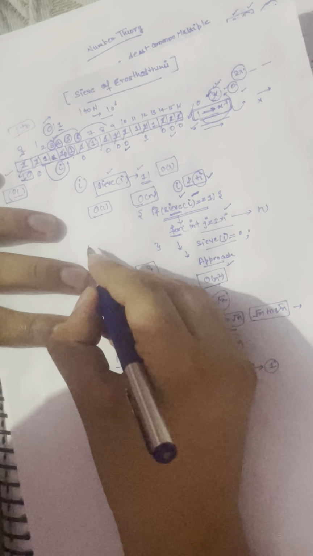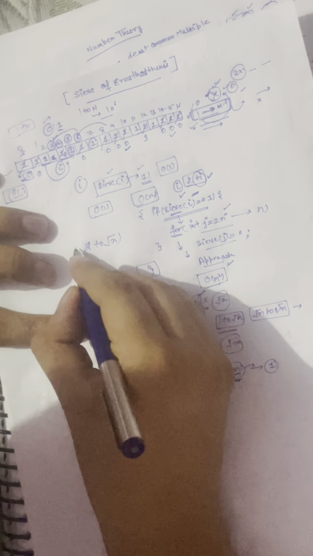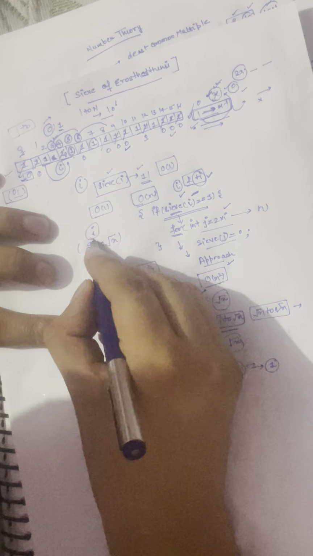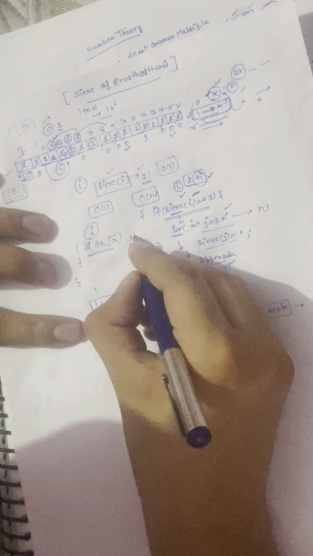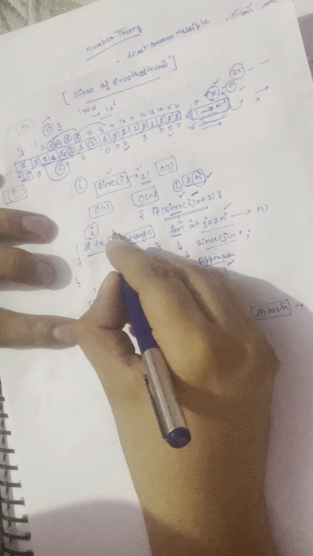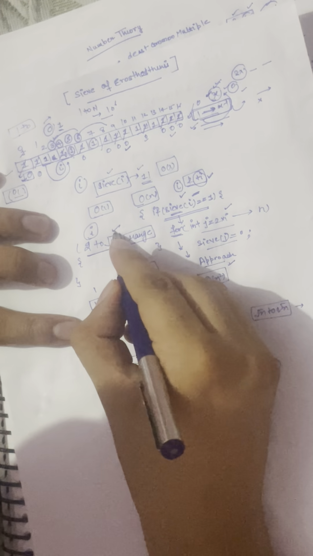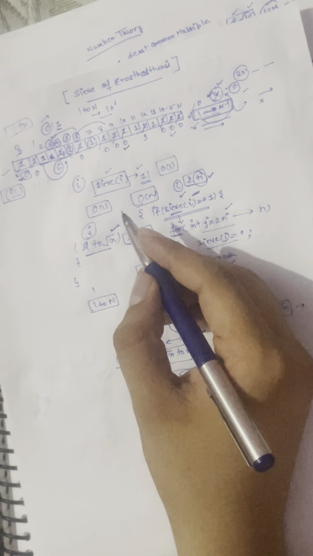If we are able to iterate I from 2 to root n, then all the prime numbers would be marked as prime, and all the non-prime numbers would be marked as non-prime.